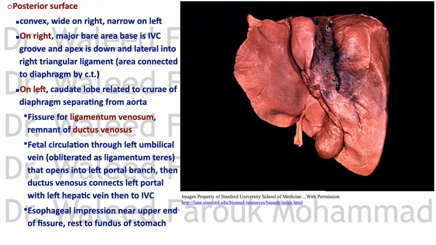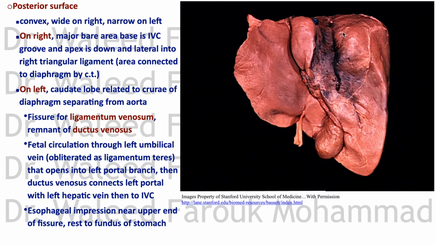So this is a bare area of liver, and it's called the major bare area of liver. Only connective tissue separates it from the diaphragm, and that's why metastasis of hepatoma, for example, spreads through the diaphragmatic lymph nodes if it reaches this part, the bare area of the liver.